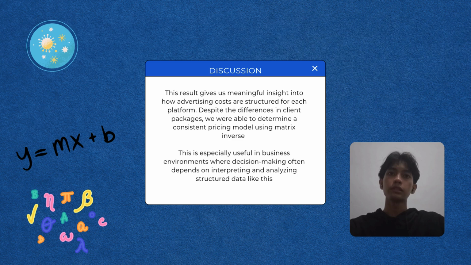It not only confirms the values but also strengthens our understanding of how linear algebra can solve real-world problems involving systems of equations. This is especially useful in business environments where decision-making often depends on interpreting and analyzing structured data like this.